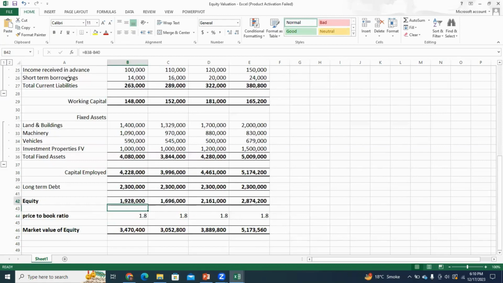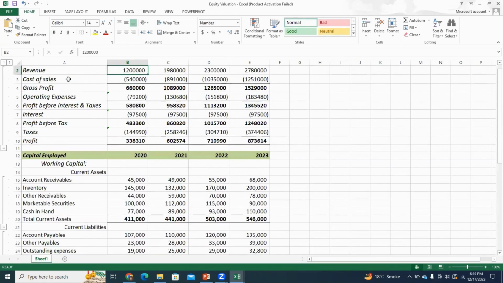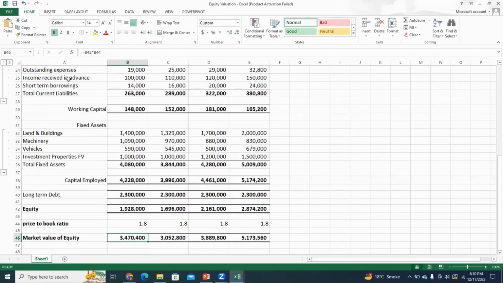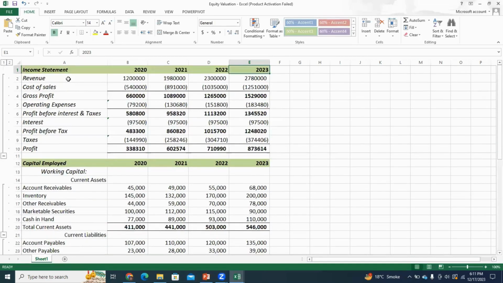This statement is all about linking, projecting, and estimating our market value of equity. I get the market value of equity for 2020 through 2023, starting from the income statement. All of these projections and historical calculations, I'll be training you on.